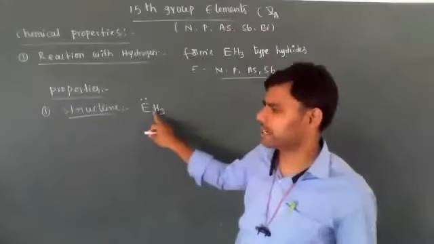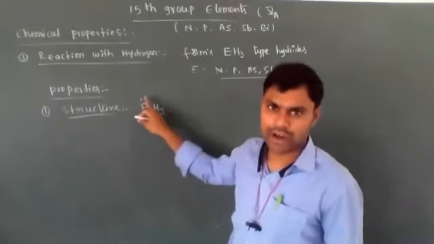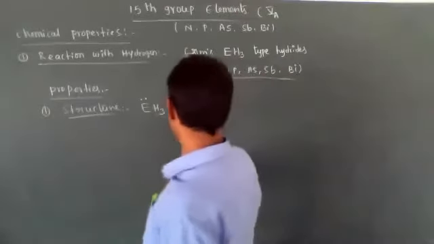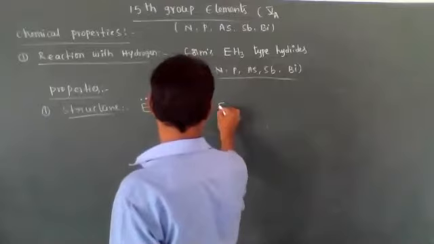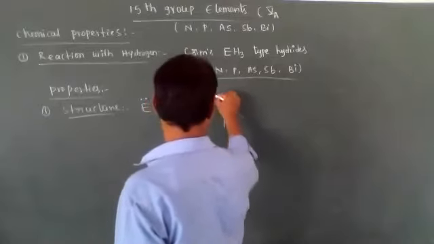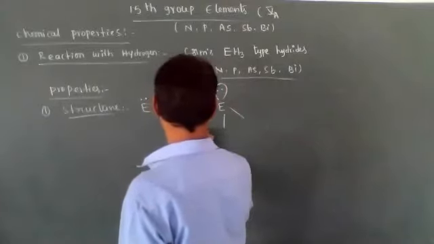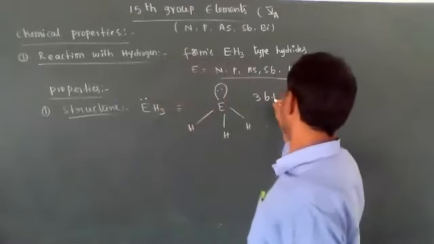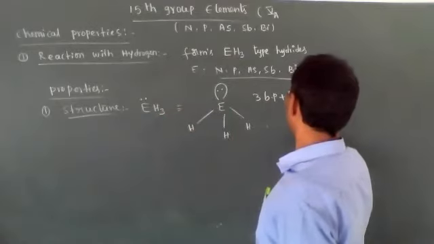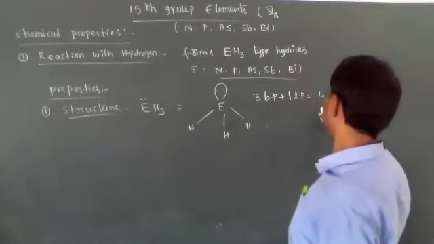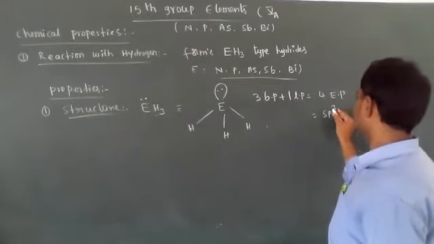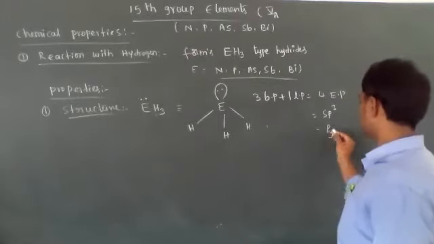Out of the 5 electrons, 3 are involved in bonding, and the remaining 2 exist as one lone pair. So the structure has 3 bond pairs plus 1 lone pair. Then total 4 electron pairs means sp3 hybridization and pyramidal shape.